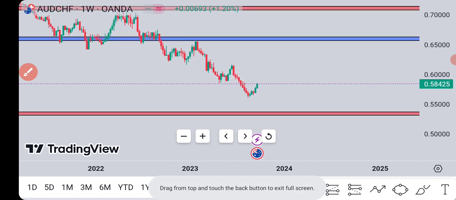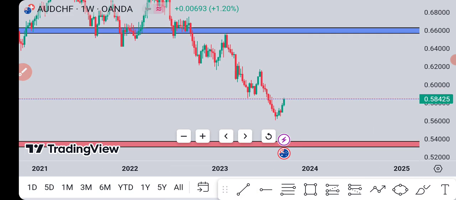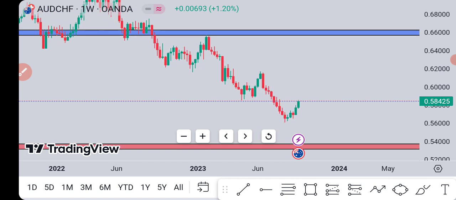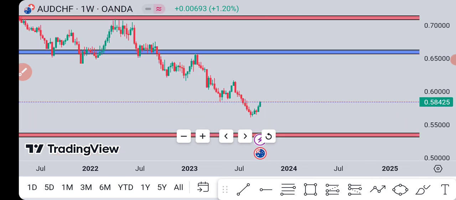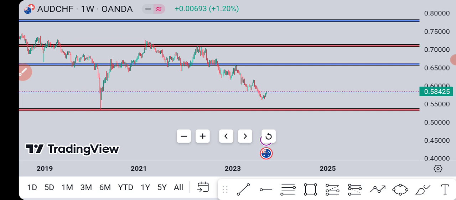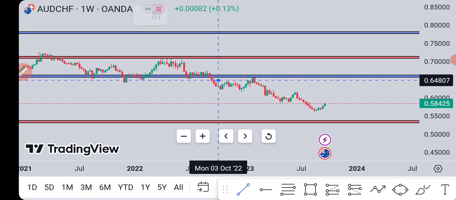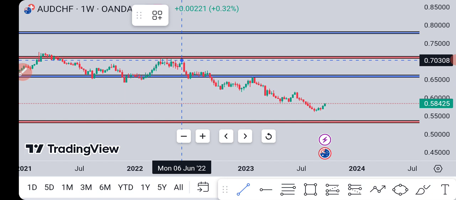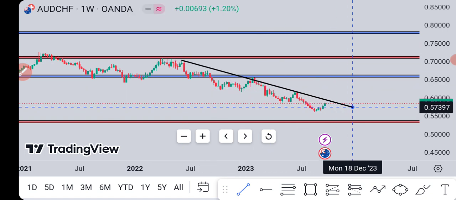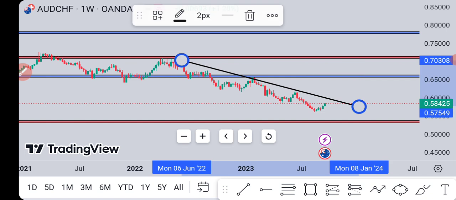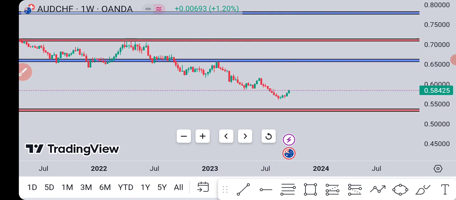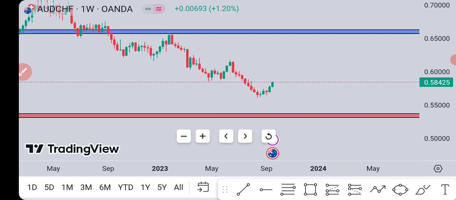Now this is also what I was expecting from AUDUSD to do, but AUDUSD failed to do it. Now on the weekly time frame you can see overall bearish move. Now we did a correction before we can start selling again.